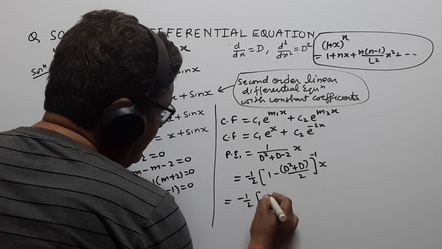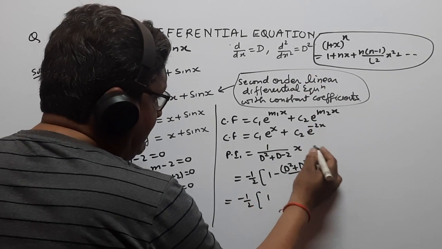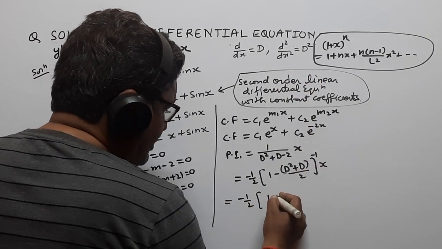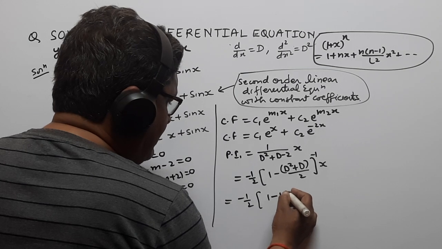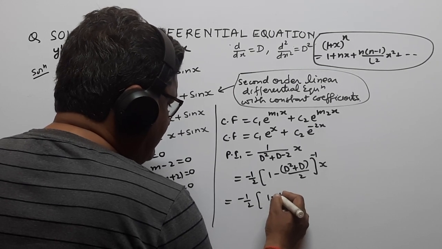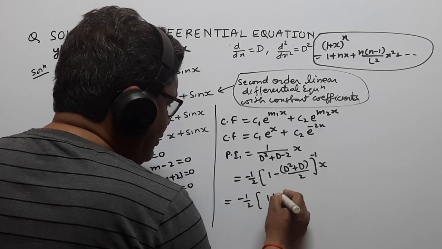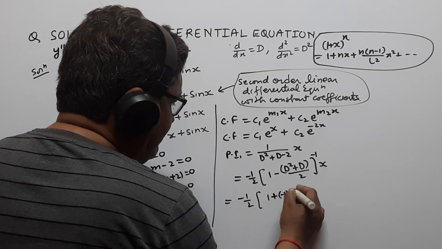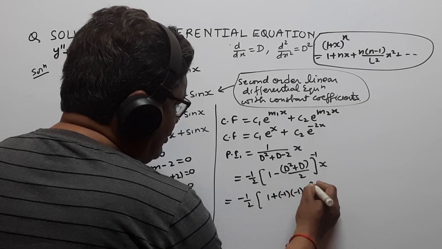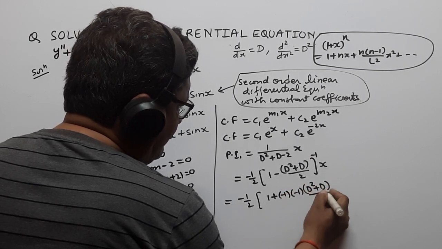So we write here only 1 plus nx. n is minus 1 and x is this term, so minus 1 and minus times we write 1 plus minus 1 and minus times D square plus D divided by 2.